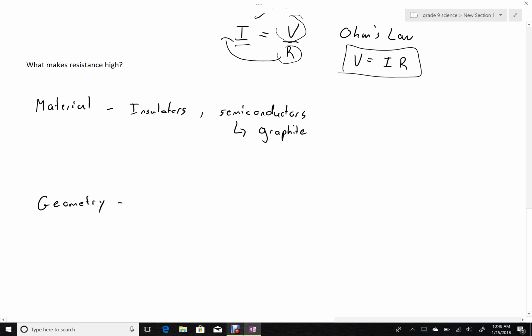So the second way we can make a resistor is by looking at its geometry. We can look at its area and its length. So if we imagine in three-dimensional space that the resistor has some cross-sectional area, the bigger the area, the more room for electrons to get through.